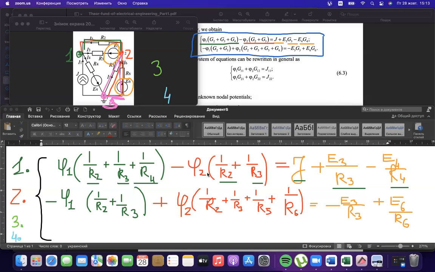What do we have as the result? We will always have diagonal elements positive. It will be phi3, and here it will be phi4. If we look at this matrix form of the equation, the diagonal part will always be positive.